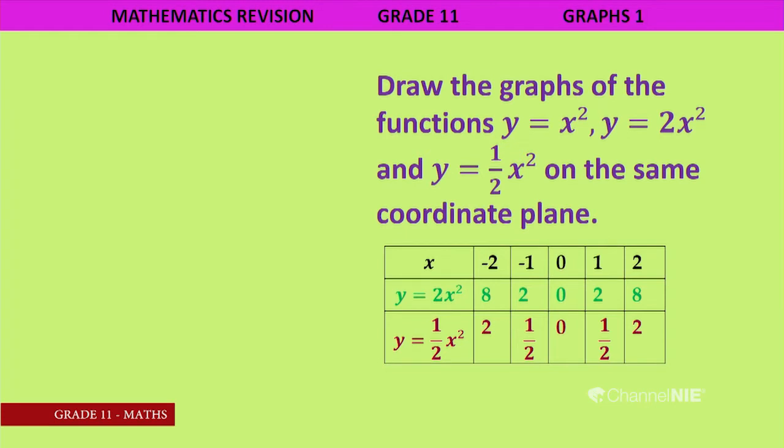Here y equals 8 when x equals -2, 2 when x equals -1, 0 when x equals 0, 2 when x equals 1, 8 when x equals 2. Here for half x squared, after dividing by 2, you have 2, half, 0, half, 2.